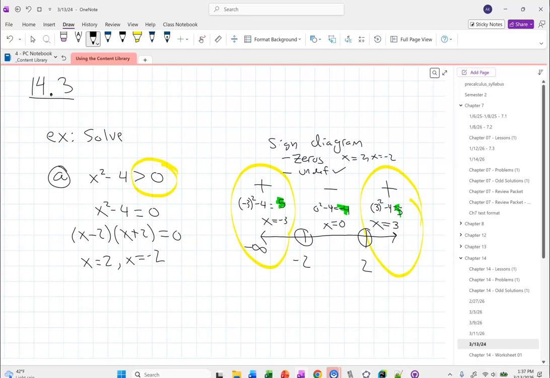This interval starts at negative infinity and goes to negative 2. Is negative 2 included in that interval? No. Why not? We drew it with an open circle. Since it's not included, we use a parenthesis.